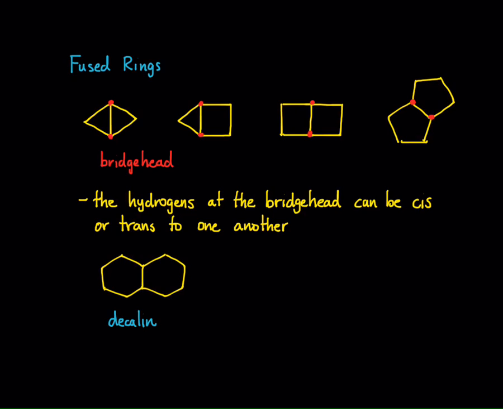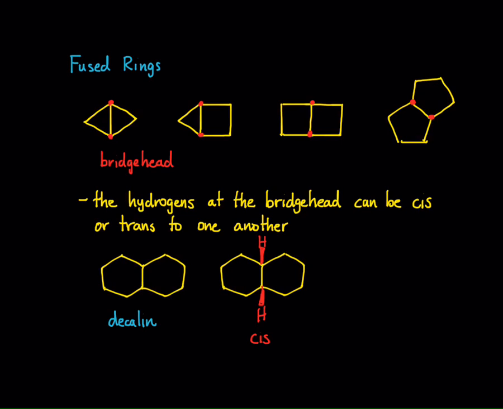Why is it called decalin? Because it has 10 total carbons on it. But it's essentially two cyclohexane rings that are fused together. So we can have cis decalin, right? Where the two hydrogens are on the same side of the plane, either a wedge or a dash. Of course, we have some stereochemistry going on there.